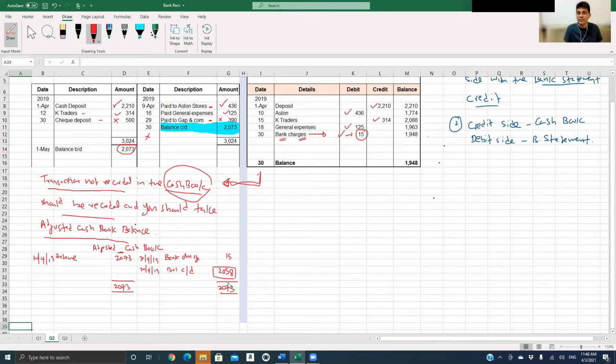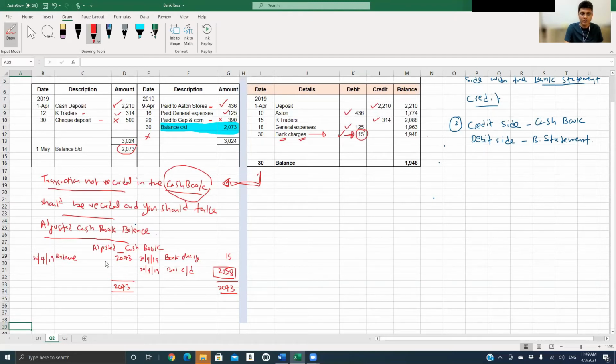Why are we doing this? Because the amount which was not recorded in the cash book, in fact, should have been recorded. Why was it not recorded? We did not receive the bank statement by 30th April, so we did not know the amount. Once we received the bank statement, we realized there's a bank charge of $15.